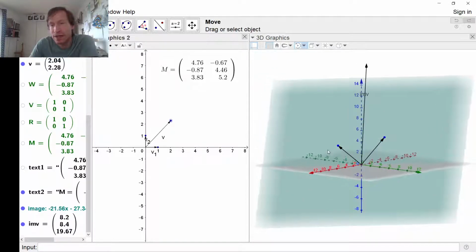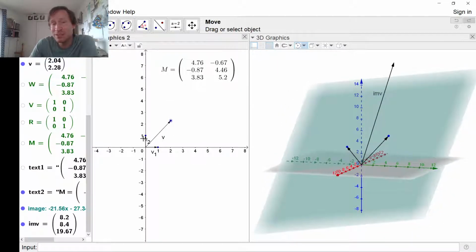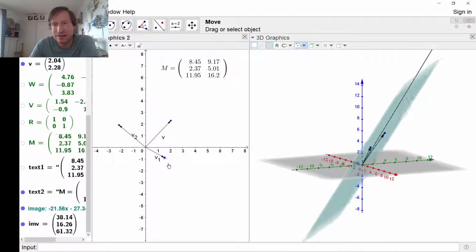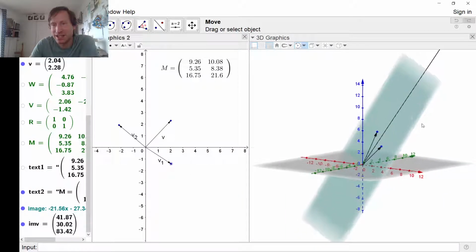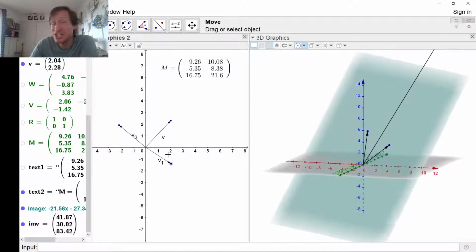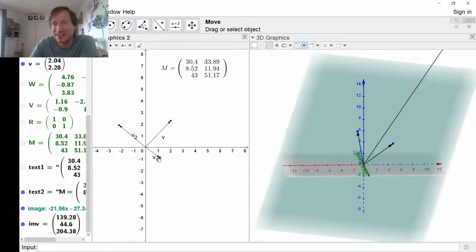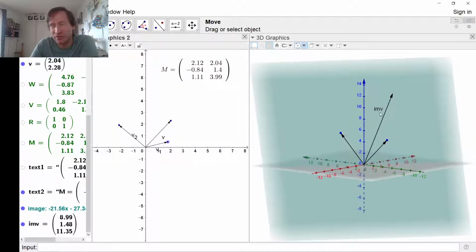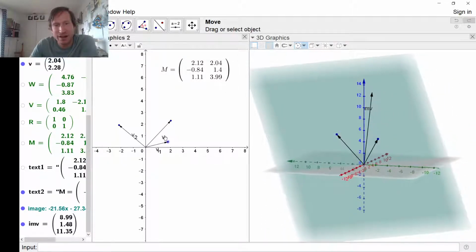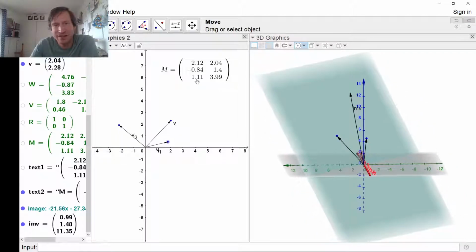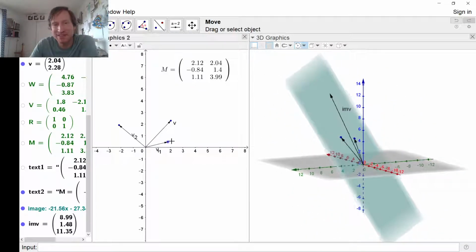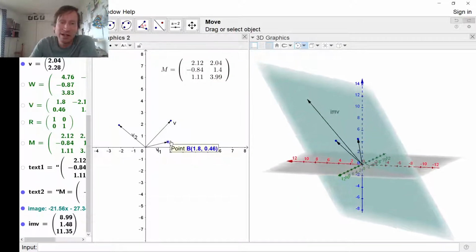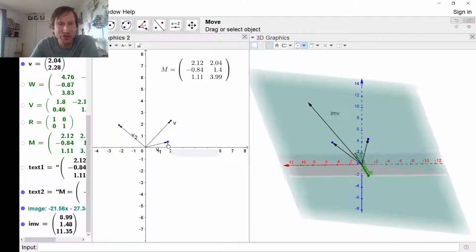So the image will stay the same, but the matrix will be different because the basis of input vectors is different, right? So that didn't change the image. Notice that it did change v, right? Because how I have this set up is this image vector, mv over here, is our vector v times this matrix. Well, if I change the basis, this matrix changes, and if this matrix changes, then the image of v will change as well. So that's why you're seeing the image of v move over here.